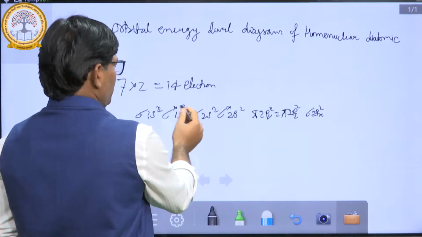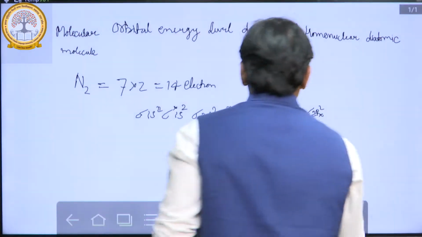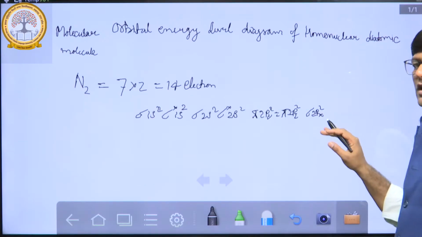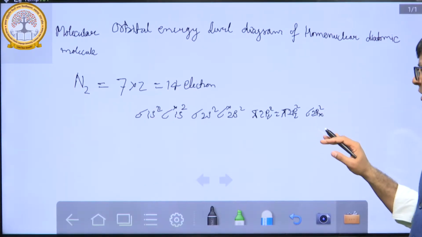So 2, 4, 6, 8, 10, 12 and 14. This is the 14 electron configuration of the nitrogen molecule.